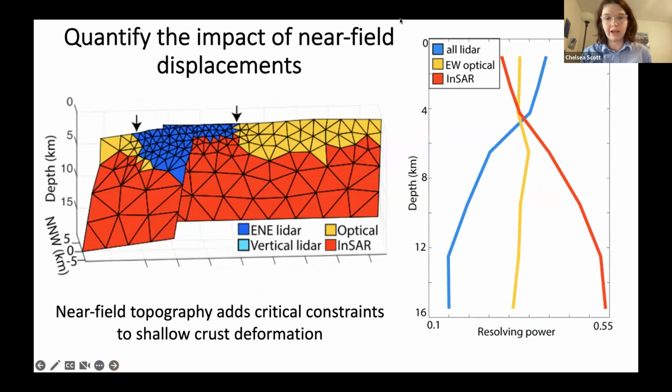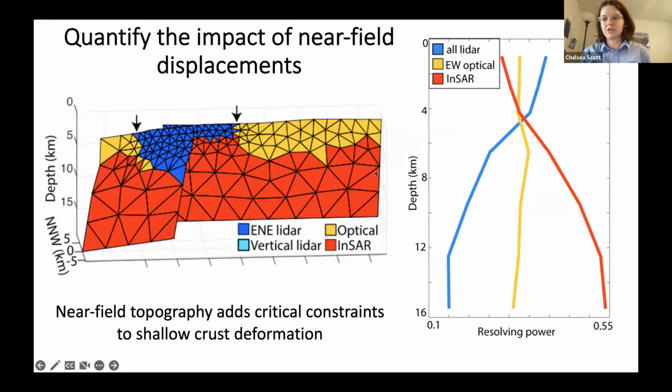We can also quantify the impact of LiDAR differencing in these joint inversions. So this figure here, again, shows the fault plane, and each patch is colored by the data set that has the largest impact on the resolved slip. These black arrows bracket the spatial extent of the LiDAR data. As you can see in the area of the LiDAR data, the LiDAR or topographic differencing adds key constraints to that shallow fault slip.